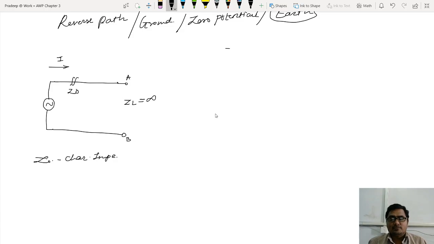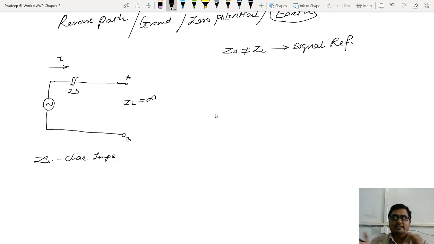When Z0 is not equal to ZL, that is, if the characteristic impedance of a transmission line does not match the load impedance that is connected to terminate the transmission line, that's the condition. Then what happens? Then the signal reflects.